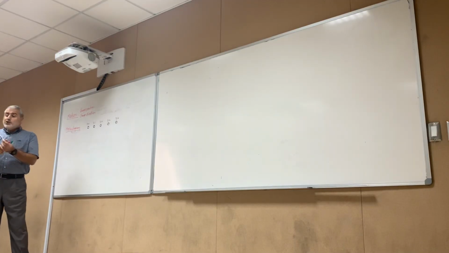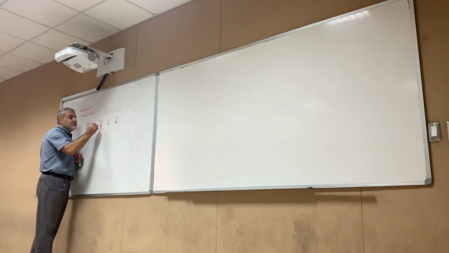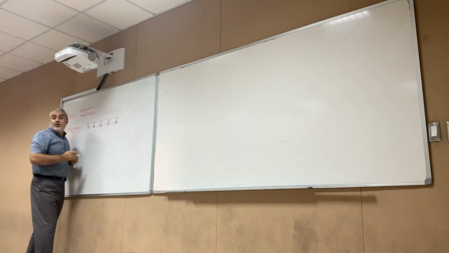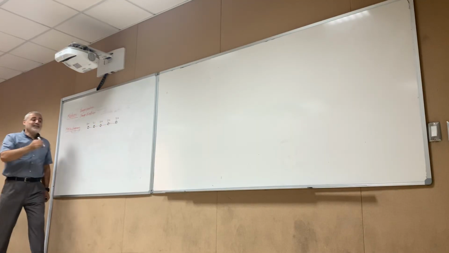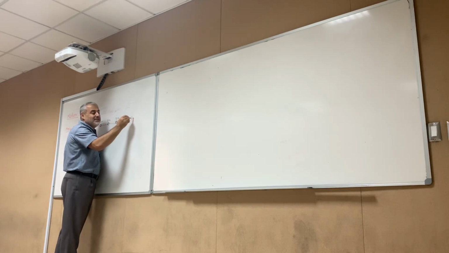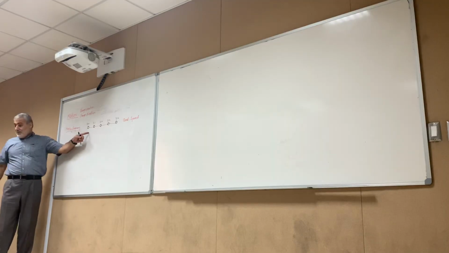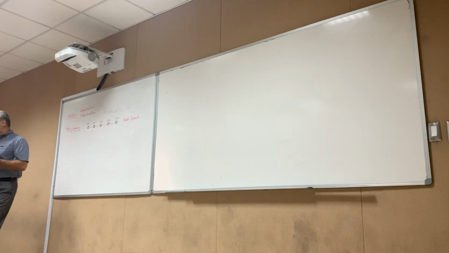So if you measure the distance between these dots, it is the same distance. It's not changing. So yes, we can say this object moves at a constant speed. Okay. Now let's talk about the other thing.